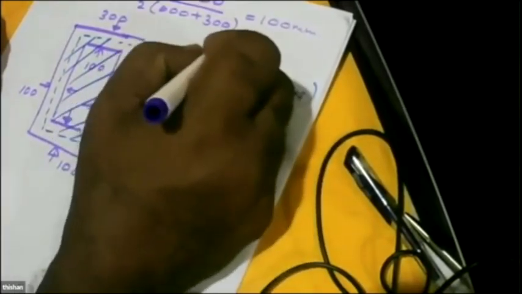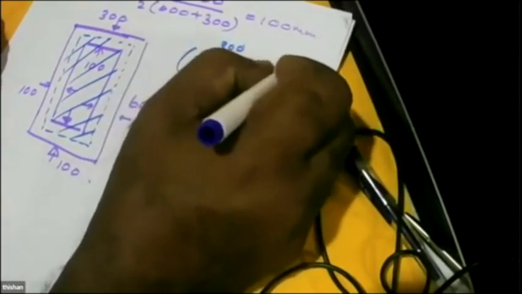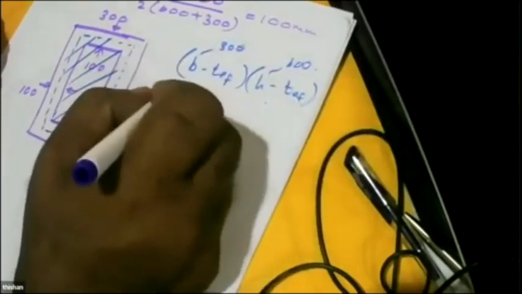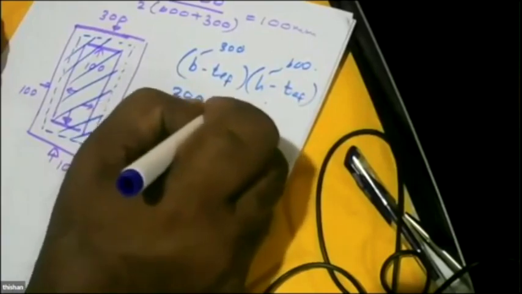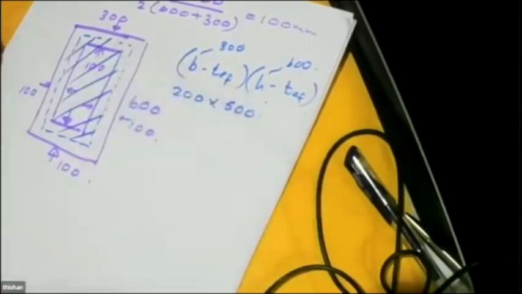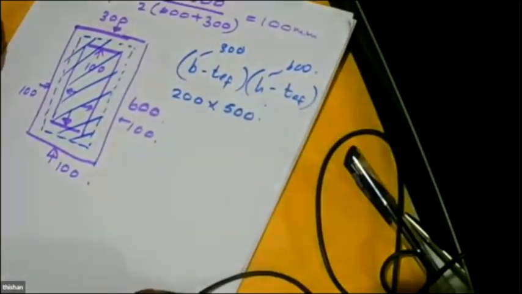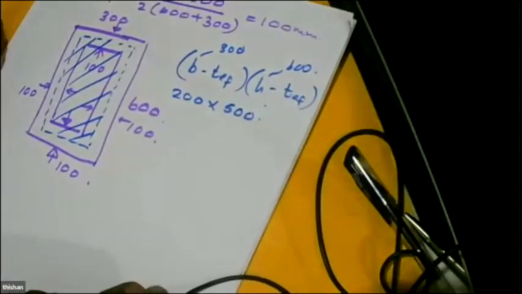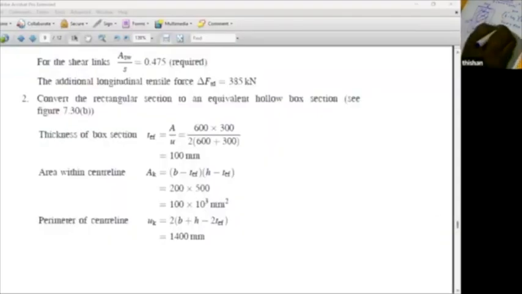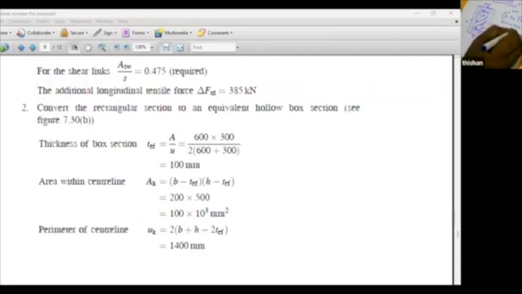So b is 300, h is 600. So that is 200 multiplied by 500. I'll share the screen again. You can see the value, 100 into 10 to the power 3 millimeters squared. And you can calculate the perimeter also. Perimeter is 1400 millimeters.